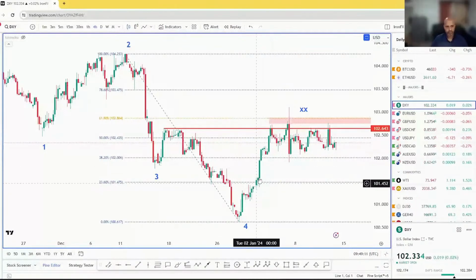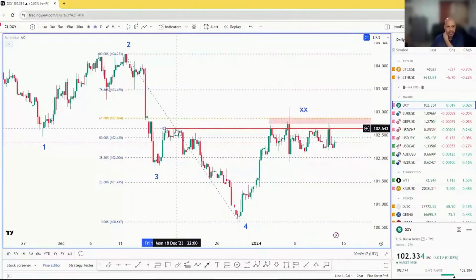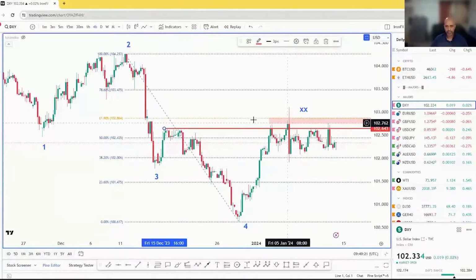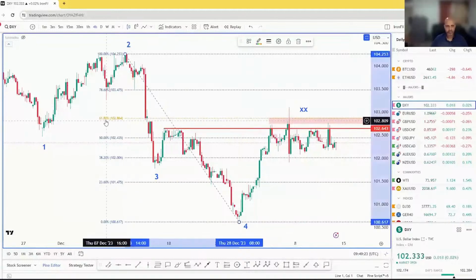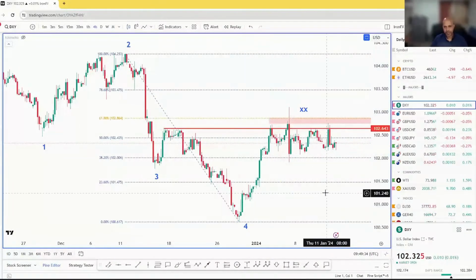It broke above 23, 38, and 50 very easily, but it actually stalled at around this resistance level here at 102.64. And also we can see how the 61.8% Fibonacci retracement has also helped us to identify another strong resistance zone above this pullback resistance. Okay.